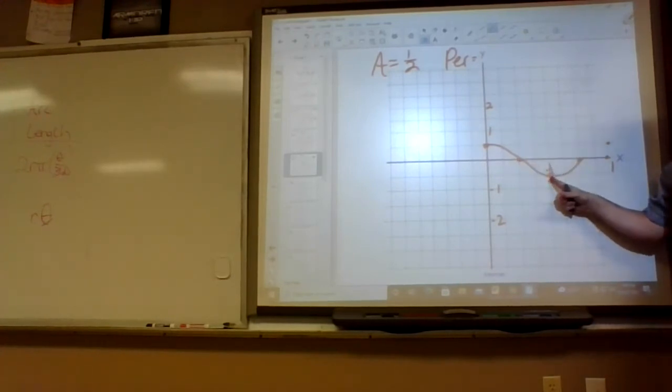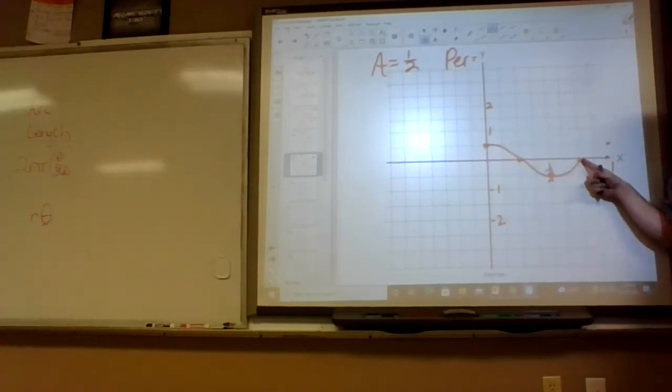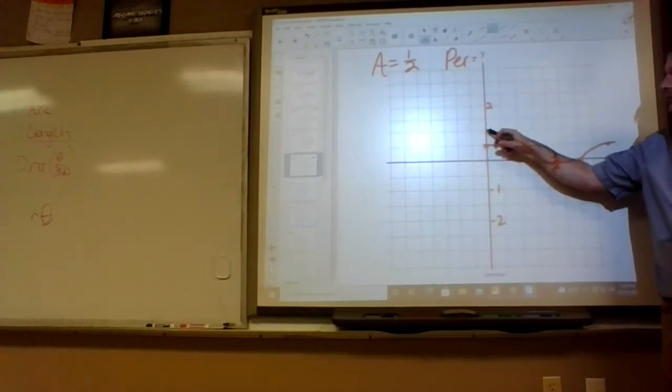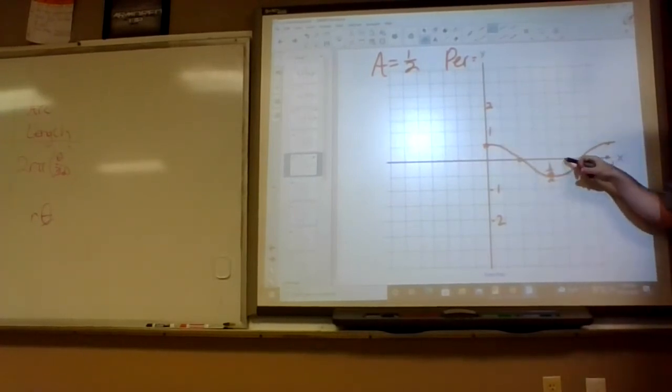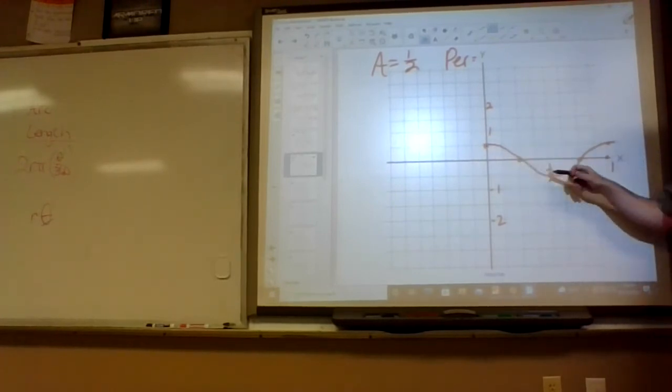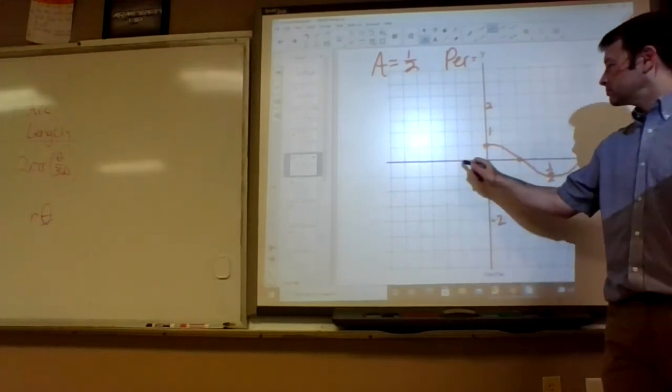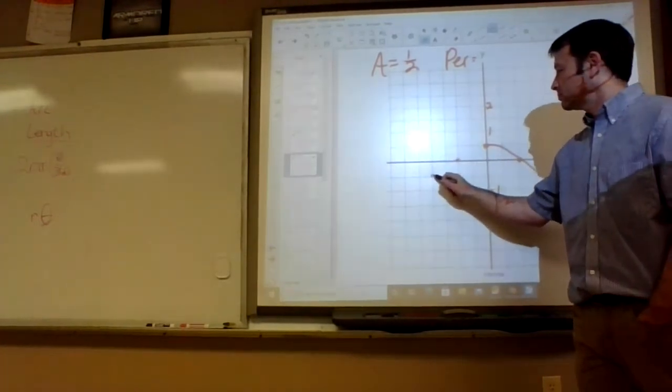Another quarter moves a half. Another quarter moves a half. Another quarter moves a half. Does that make sense? Kind of. Like it goes from top to middle to bottom to middle to top. That's the pattern. Yeah. That makes a lot of sense.